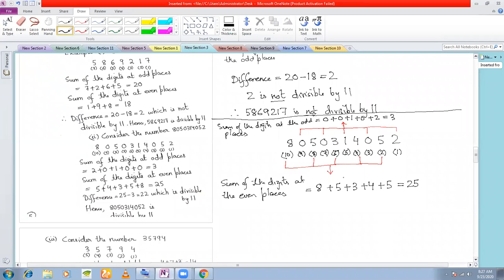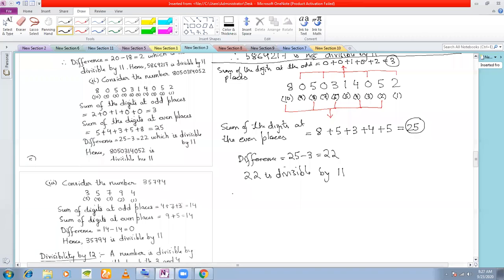Okay. Now what you do is you take the difference. Difference of which two numbers? Difference of this 25 and this 3. So difference is 25 minus 3, which is 22. Is 22 divisible by 11? Yes, sir, 22 is divisible by 11.